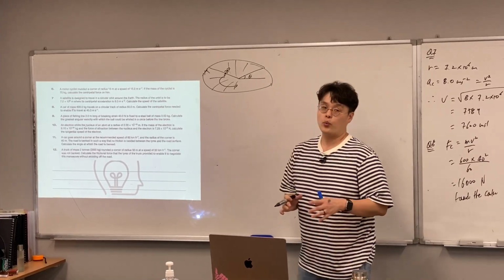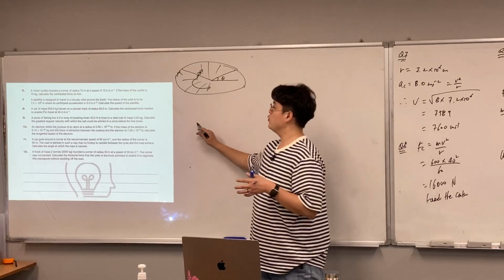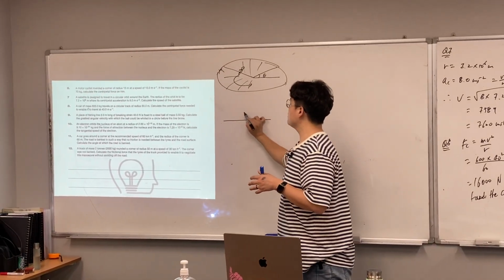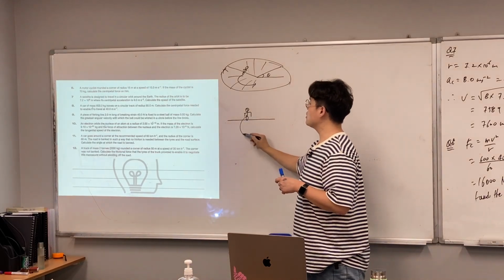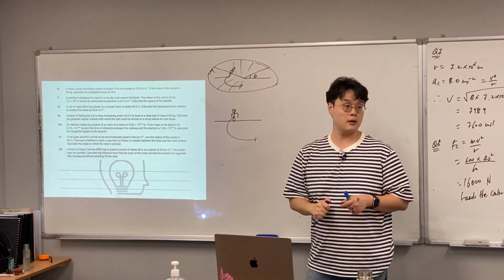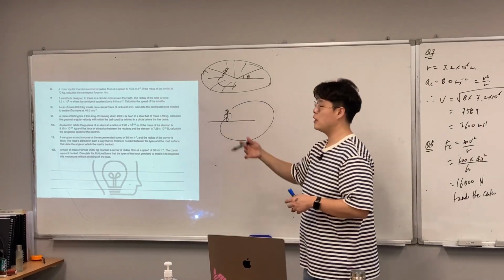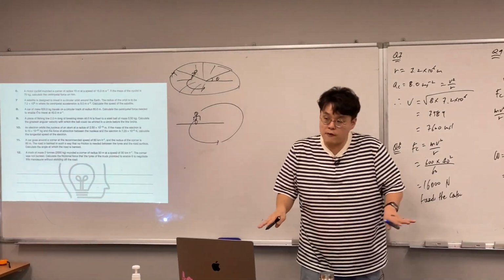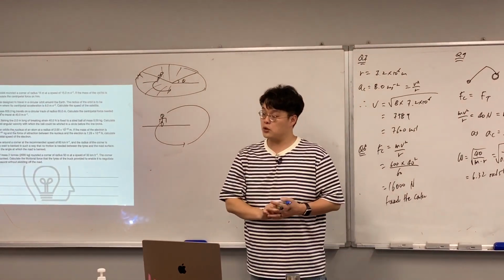Now, when someone's running on the banking track, this is something we have to remember. Without the banking, assume that we have a cyclist making a circular motion, like on a plane surface, making horizontal circular motion there.